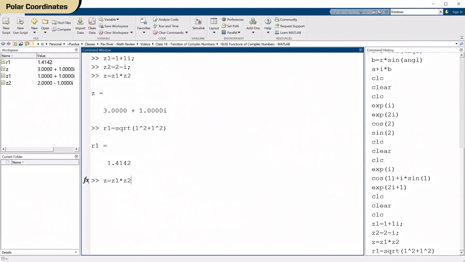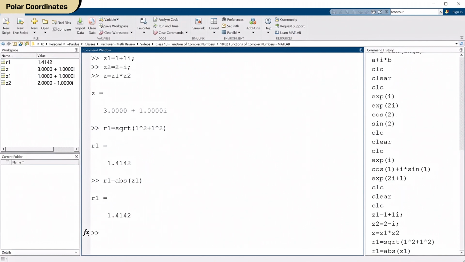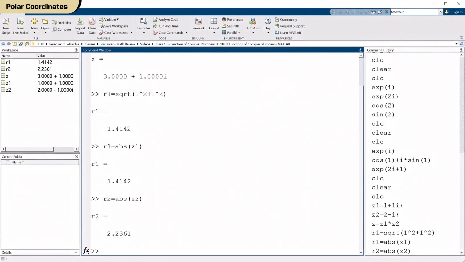Well, let's try something else here. Rather than that, let's just say it's the absolute value of z1. Now, the nice part about MATLAB here is it's completely happy with complex numbers. It'll give me the same answer, and there it is. So I'll say r2 is the absolute value of z2. Unfortunately, that's the number we saw on the board before. I did get it right.